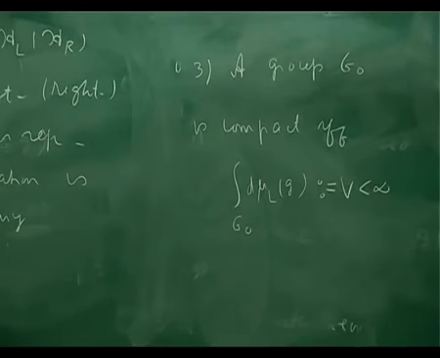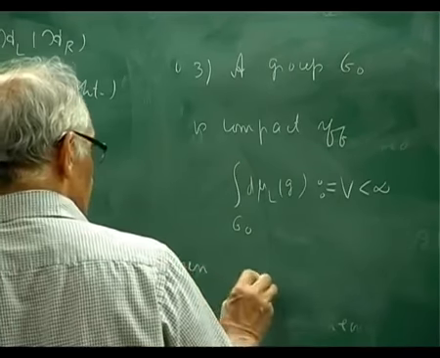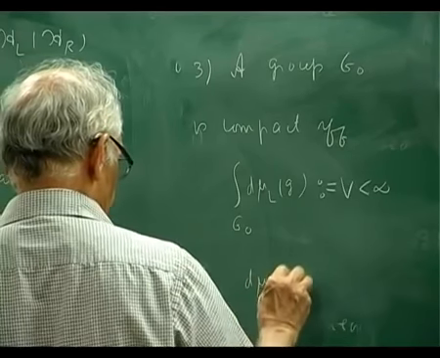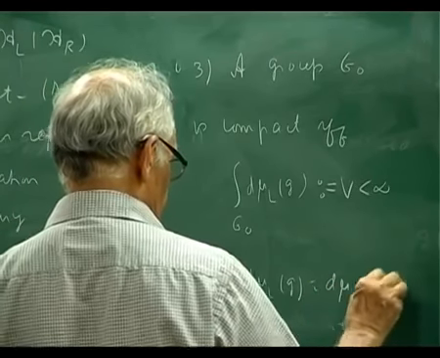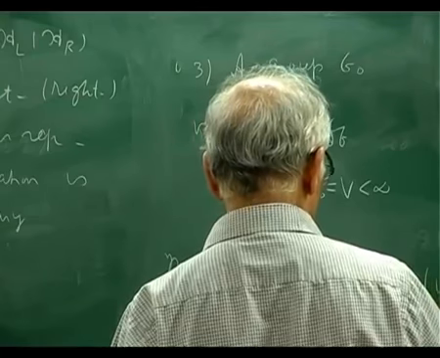So you don't need topology. You can integrate, and the volume is finite, the group is compact. In this case, then, we can also say d mu_L of G is d mu_R of G up to constants.